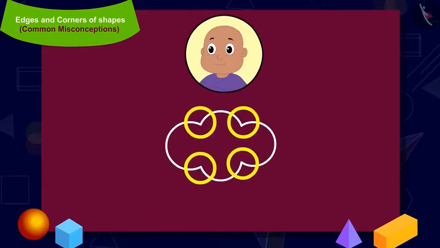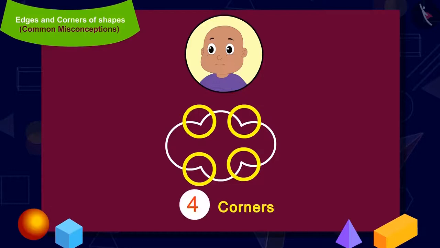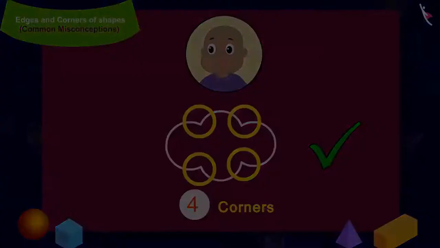Bablu has made a shape where the corners are meeting 2 curved edges. How many corners are there in total? 4. So is Bablu's shape correct as well? Yes, Bablu's shape is correct as well.